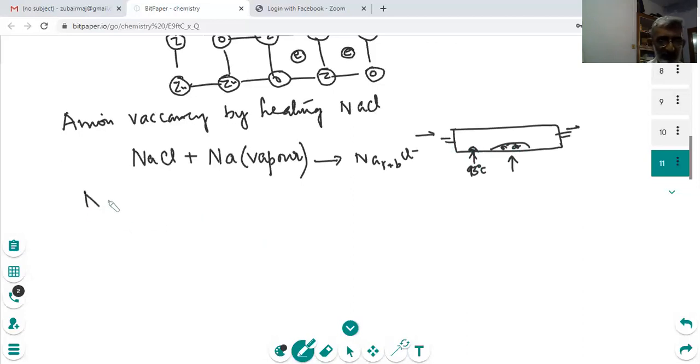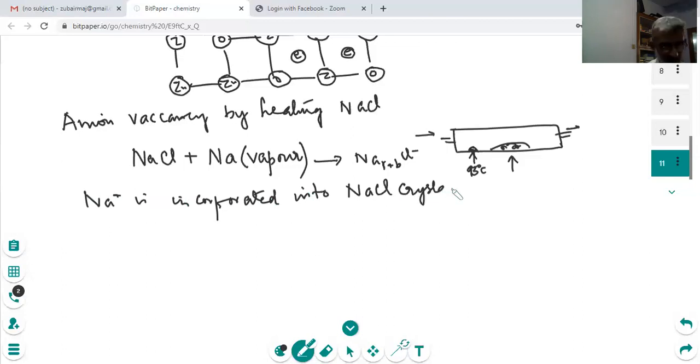Sodium, Na plus, is incorporated into the NaCl crystal lattice site, into the NaCl lattice.